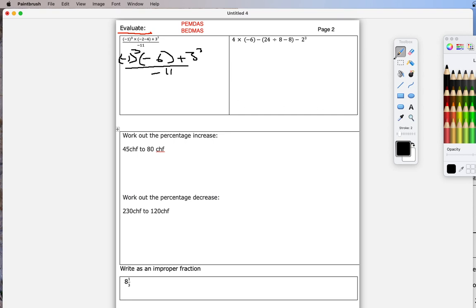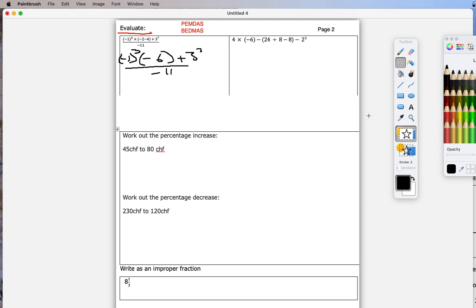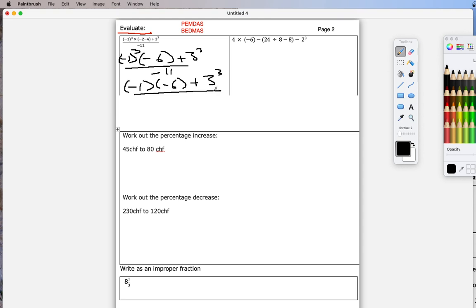I'm just going to make some room here just in case I need some more. My second step is the exponent. So what is -1 to the power of 3? If you put that in your calculator, you should get -1. And then I'm going to rewrite -6 because I haven't multiplied it, plus 3 cubed divided by -11.